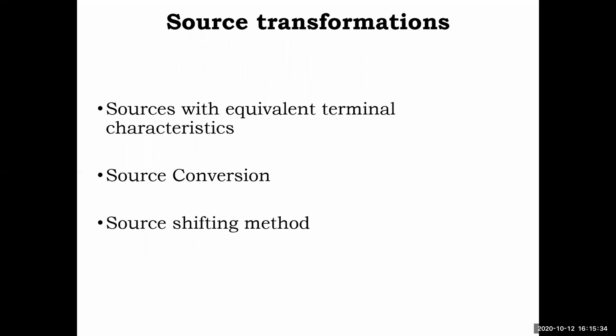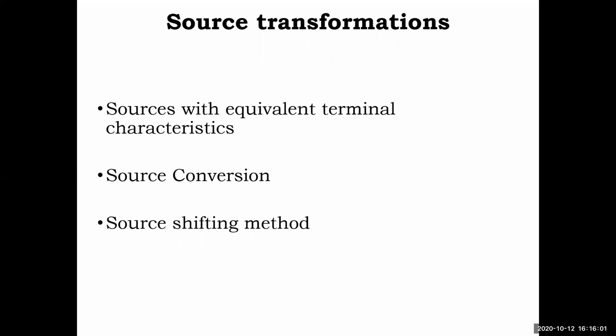The first thing is sources with equivalent terminal characteristics. I already went through this part in the elements in parallel video, where we studied two properties: a series connection of any element with a current source will be a current source itself, and a parallel connection of a voltage source with any element is a voltage source itself.